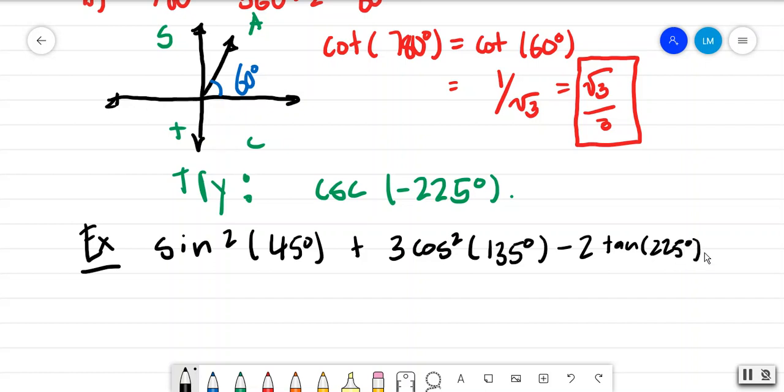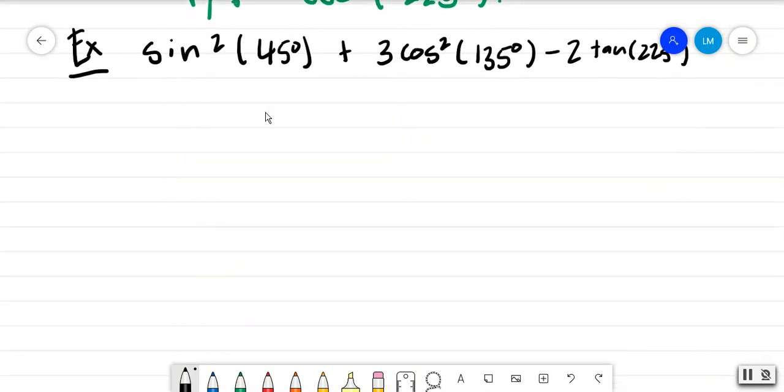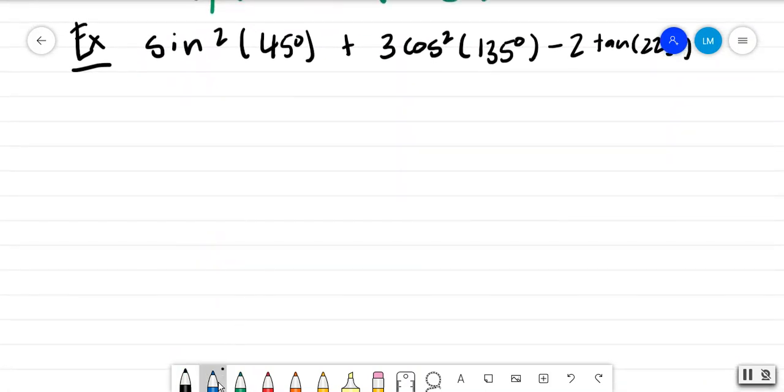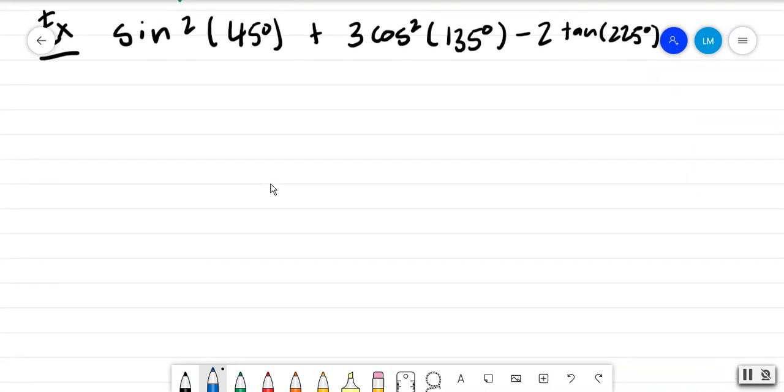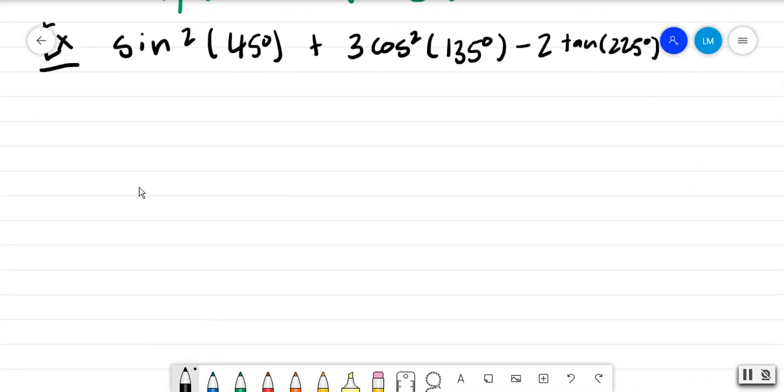It does make sense that you can plug this into your calculator and be done with it, but let's work this out in a way that uses reference angles. I need to refer to the right triangle where you have 1, 1, root 2, and this is 45 degrees.